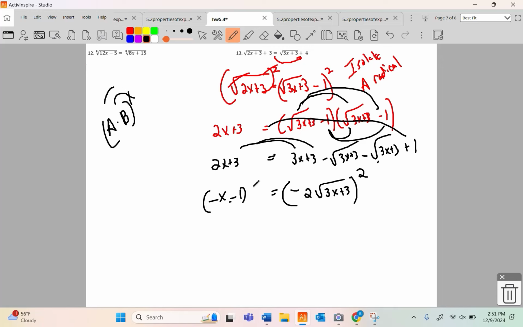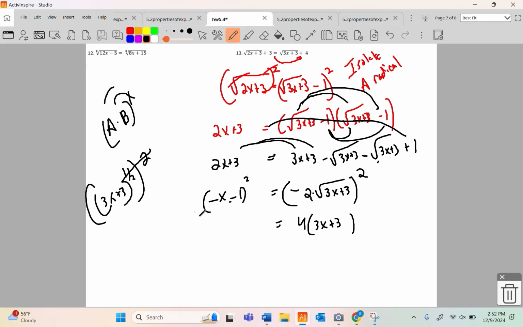You can distribute that exponent. That's what this is. We have something times that, okay? So if I square the negative, I'm positive. If I square the 2, I'm a 4. And if I square the radical, I'm the stuff inside, because think about 3x plus 3 to the 1/2, and I distribute the 2, straight up cancellation.